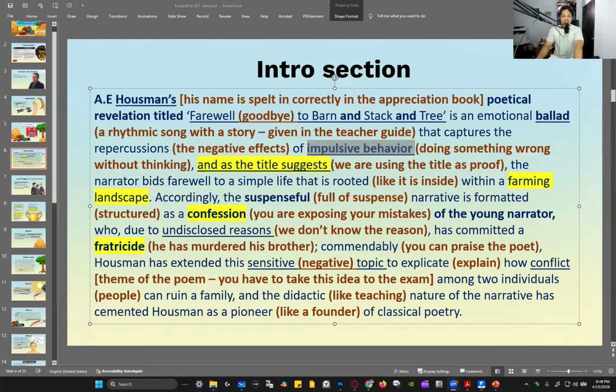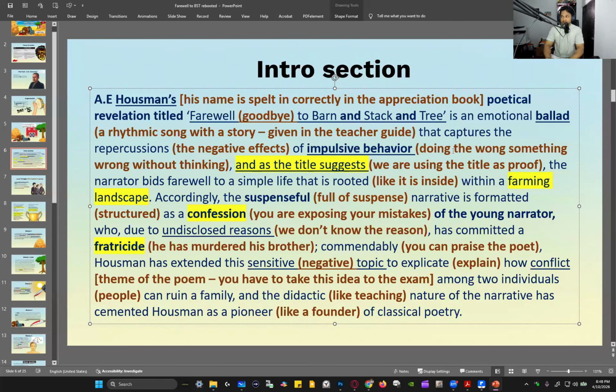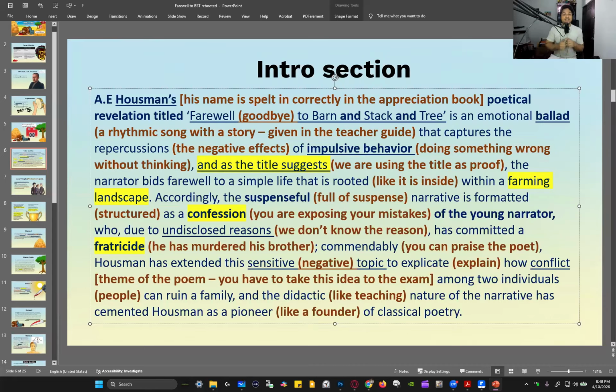That means these are points that you will get marks for in the exam. Impulsive means doing something without thinking, doing the wrong thing. You are doing something wrong without thinking. That is what impulsive is.